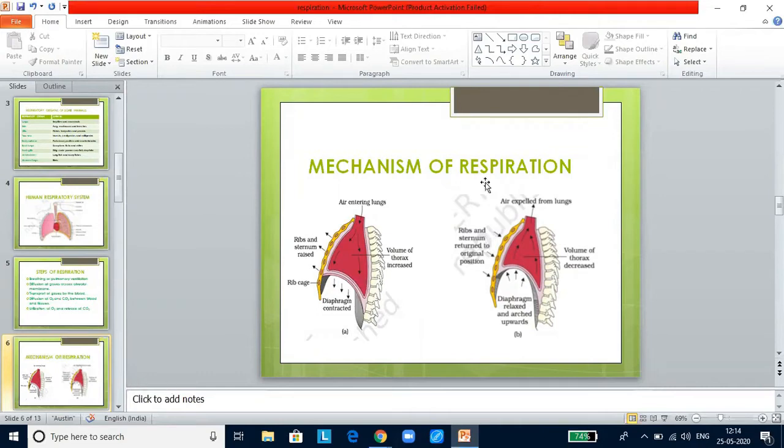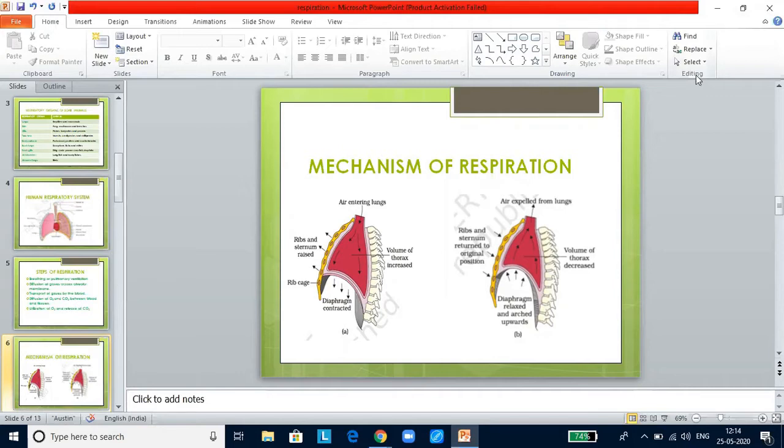Now let us look at the mechanism of respiration. Inspiration is brought about by the diaphragm muscles and the external intercostal muscles. These muscles are therefore called inspiratory muscles. The abdominal muscles play a passive role in this. The external intercostal muscles contract and pull the rib cage upwards and outwards, away from the spinal cord.